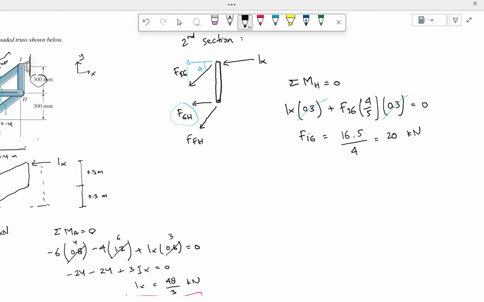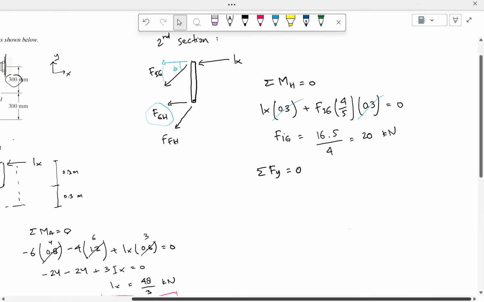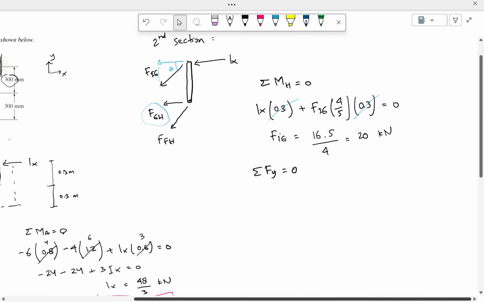And then let's do, since we already know FIG, now we take a look at sigma Fy equals 0. This is the second equilibrium equation. And then you will have minus FIG times this one, 3 over 5.